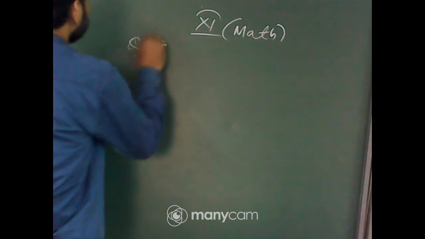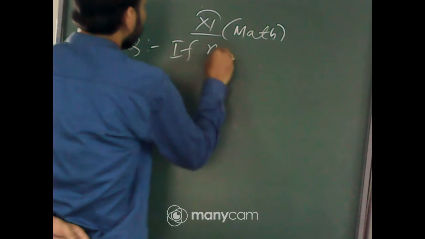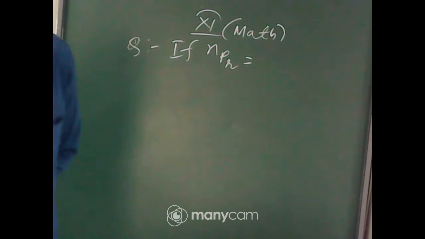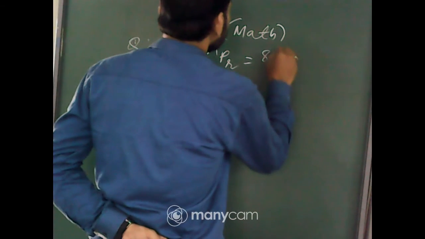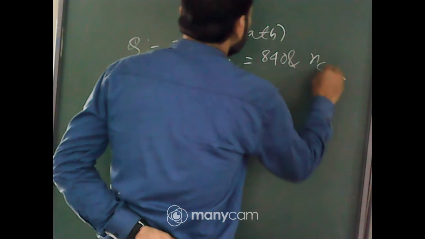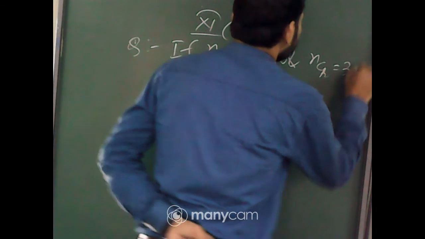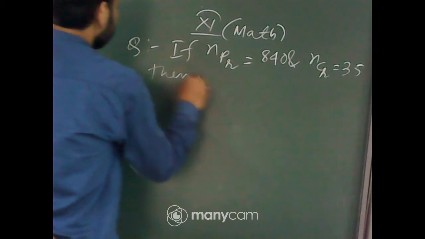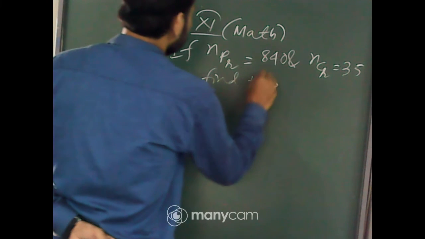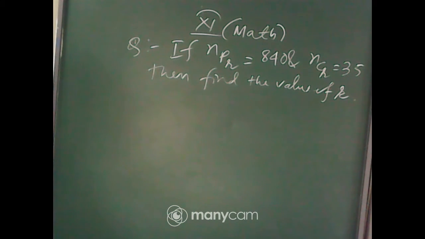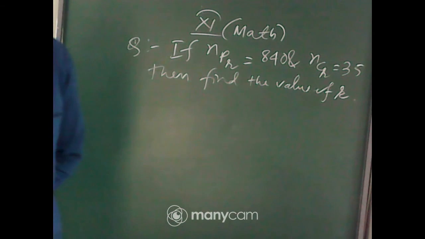If NPR equals 840 and NCR equals 35, then find the value of R. NPR and NCR are given to you.